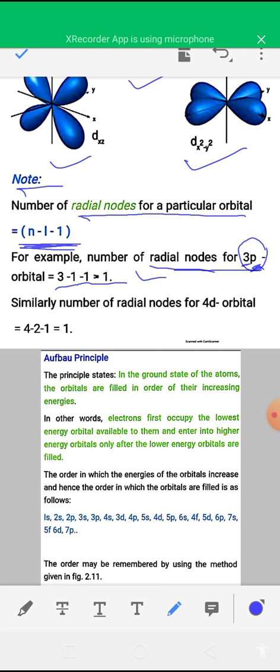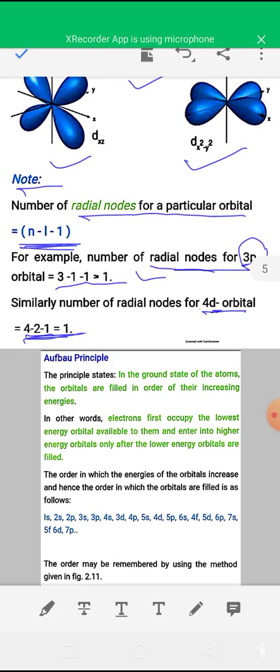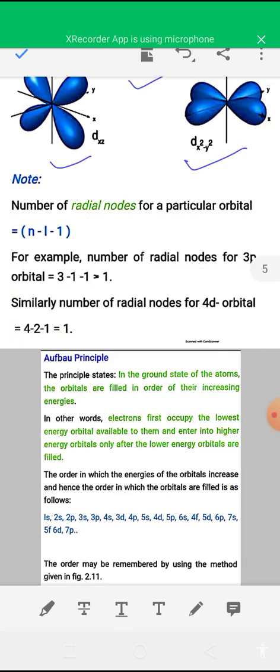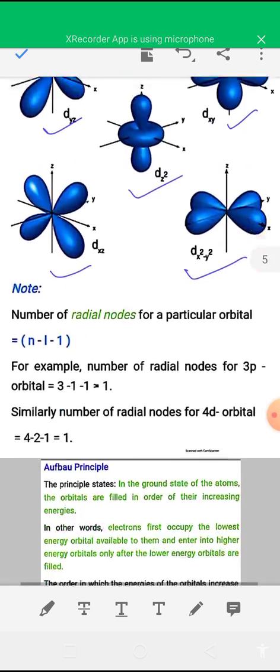Similarly, for 4d orbitals, n is equal to 4 and for d orbital l is 2. So for 4d orbitals, the total number of radial nodes is 4 minus 2 minus 1, that is 1. So these are the shapes of different orbitals.